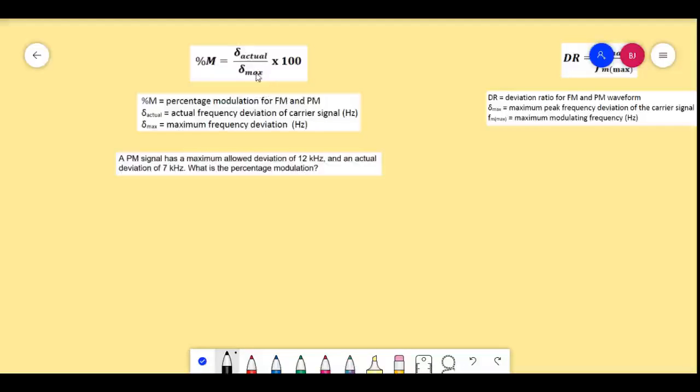That would be our maximum frequency deviation. And then an actual deviation of 7 kilohertz. So that would be our actual frequency deviation.